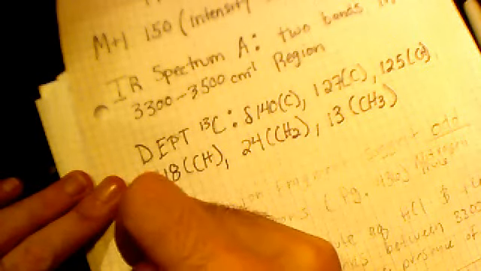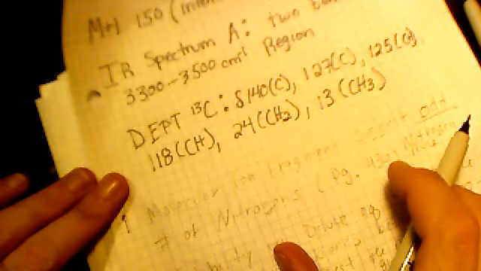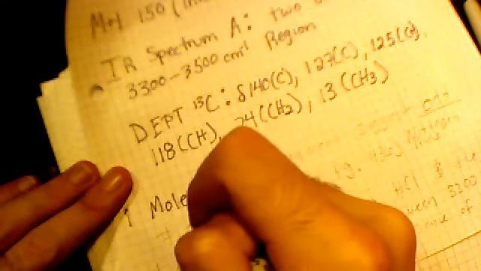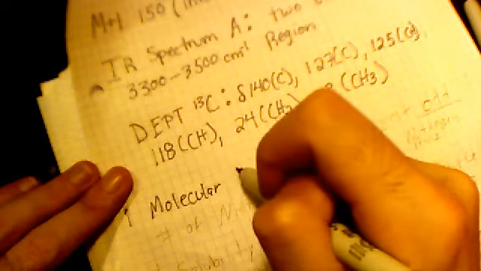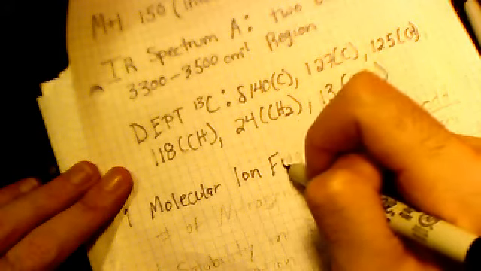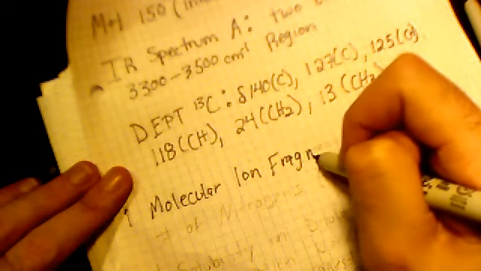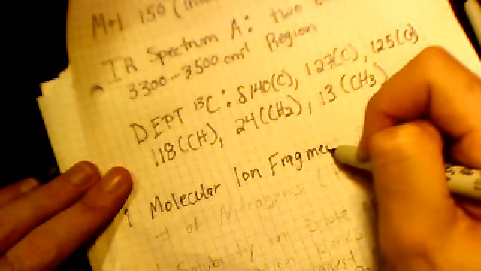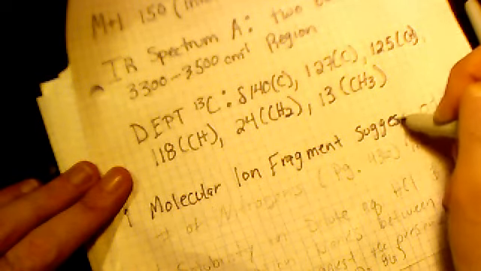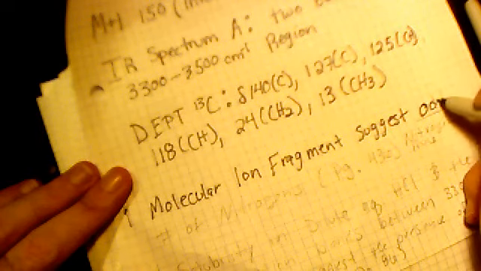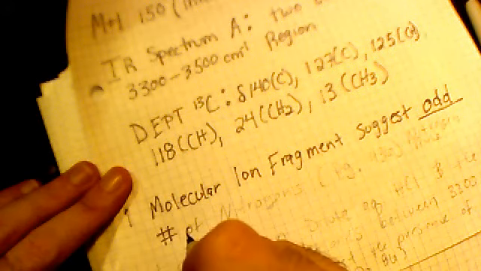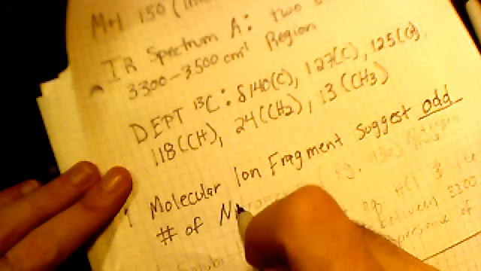Alright, these are the questions I got right so far. It says, what does the molecular ion fragment suggest about nitrogen atoms? Since the molecular ion is 149, an odd number, that means there's an odd number of nitrogens.